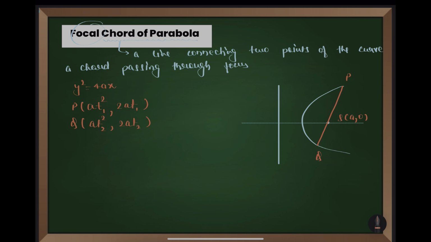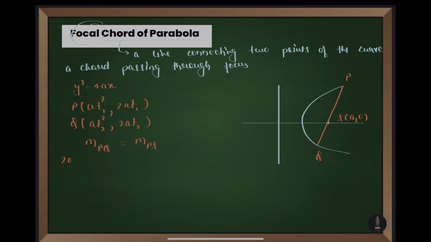Now you know that points P, Q and S lie on the same line. So can I go with slope of PQ equal to slope of PS. Now let's find out the slope of PQ.